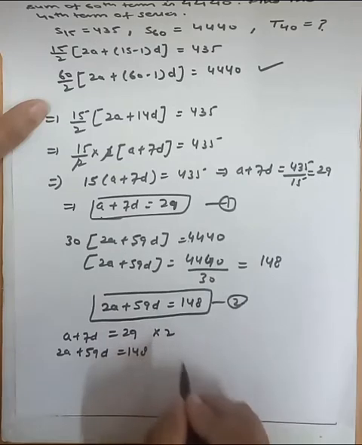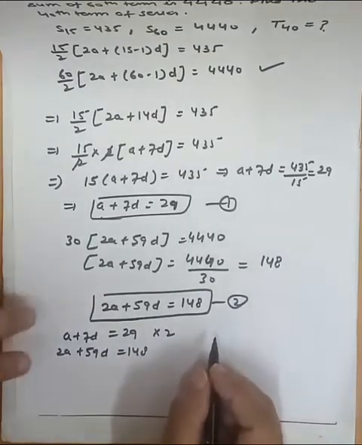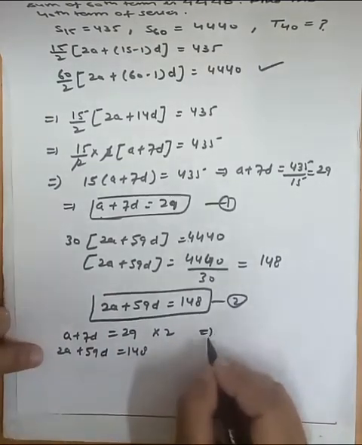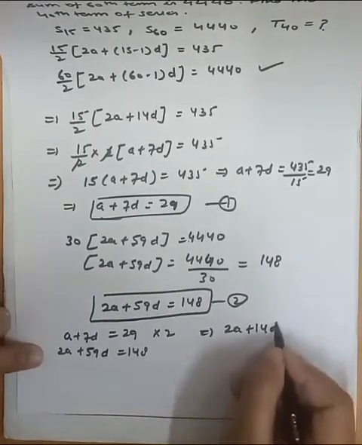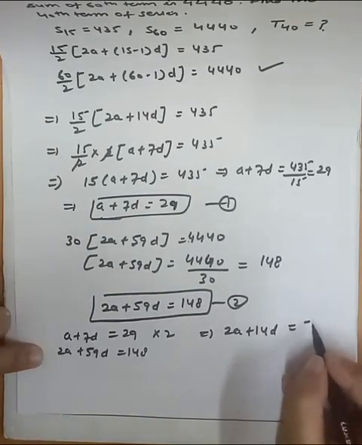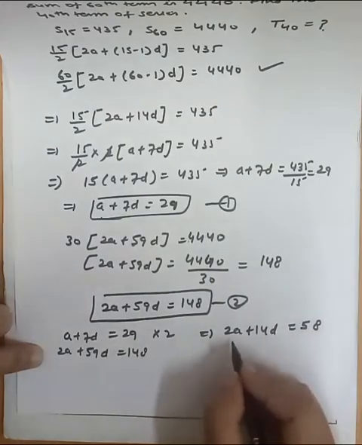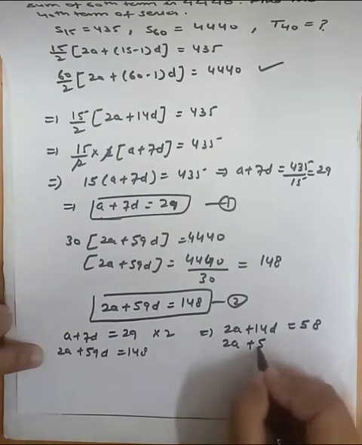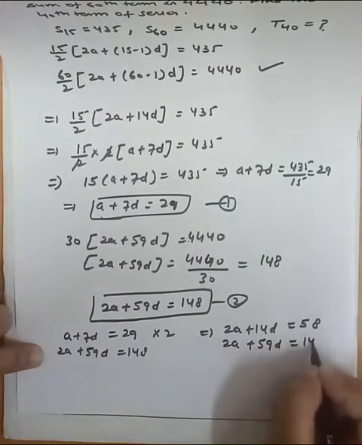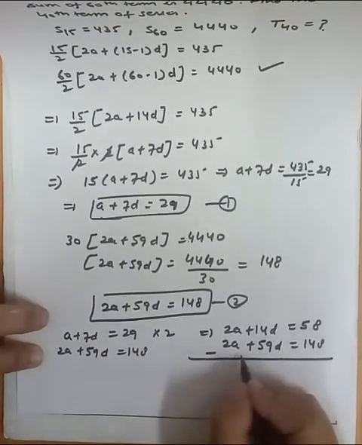So multiply the first equation by 2 for balancing. So we get the first equation, and the second equation is this. Solve.